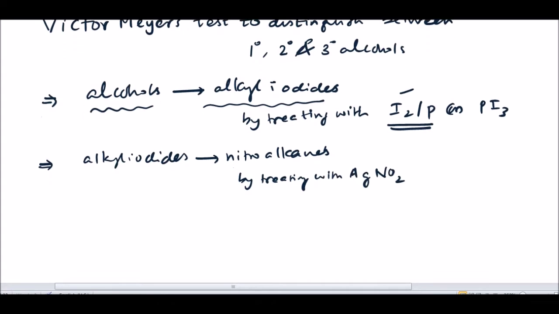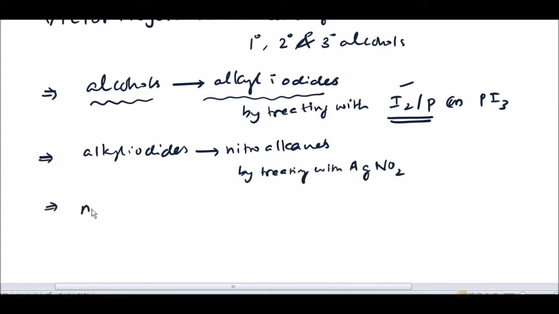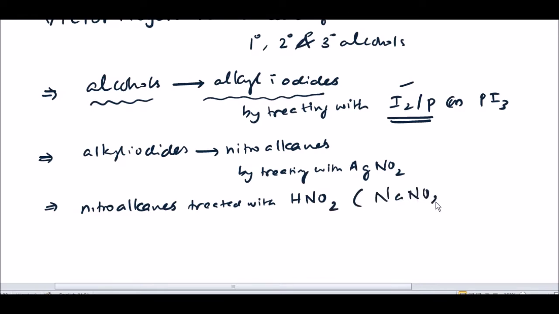And lastly, the nitroalkanes formed are to be treated with nitrous acid having this formula. Instantaneously, nitrous acid is produced by treating sodium nitrite and hydrochloric acid combination.